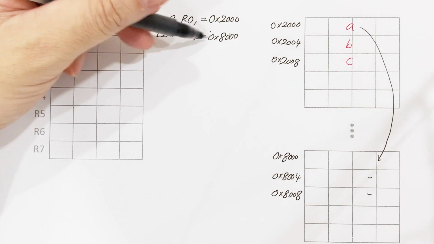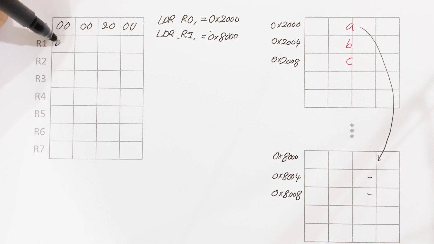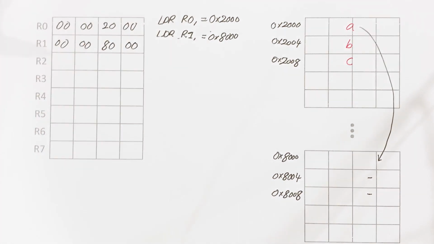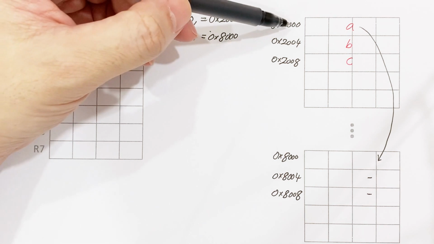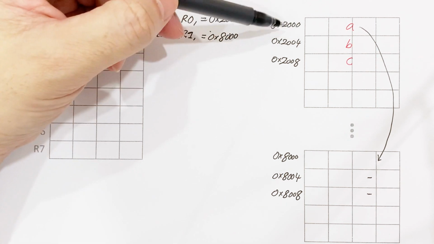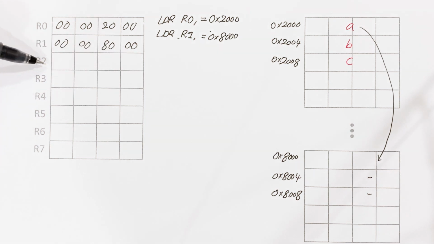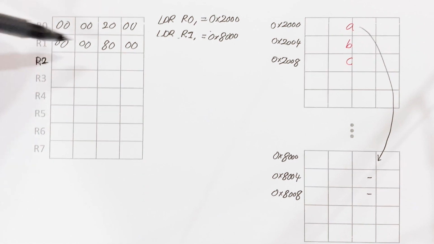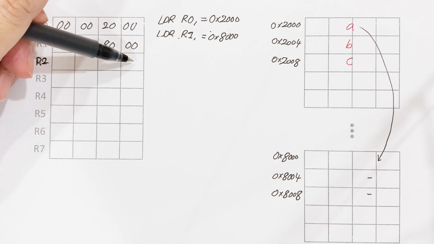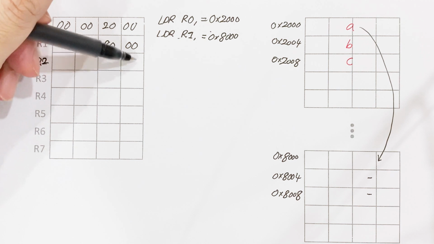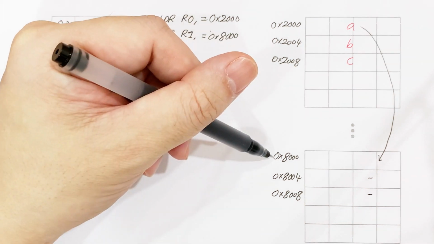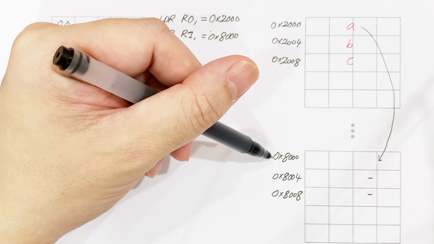So the idea is to move the value from 2000 to a register. So let's say we were using register 2 as the middle person. Then we store the value back to the memory with the address of 8000.